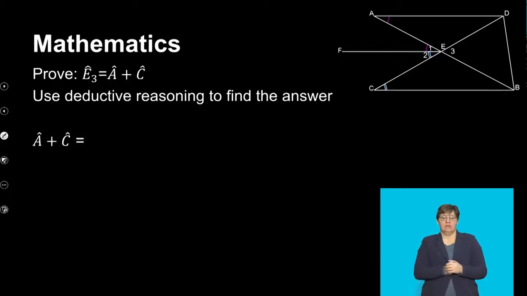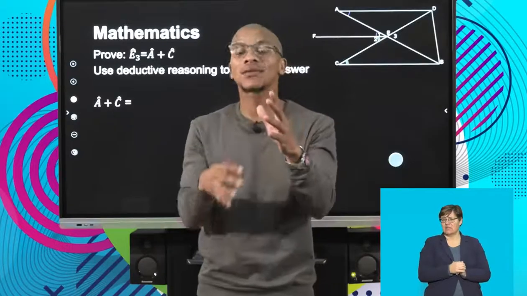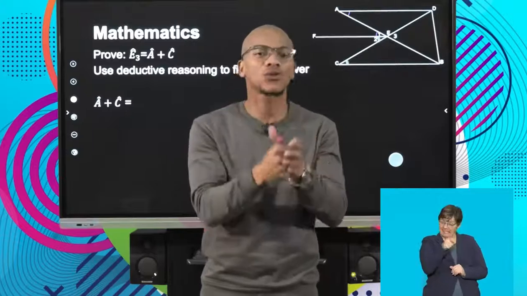With this deductive reasoning, what must be at the back of your head when you're trying to answer this question is, what is the relationship of A plus C? The two angles, if I add angle A and angle C, can I make a statement based on that and give it a reason why I think that statement is true?